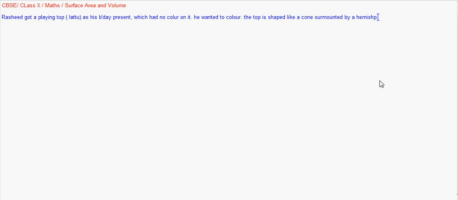It is similar to one of the questions we had already taken in previous sessions. The entire top is 5 centimeter in height and the diameter of the top is 3.5 centimeter. Find the area he has to color.